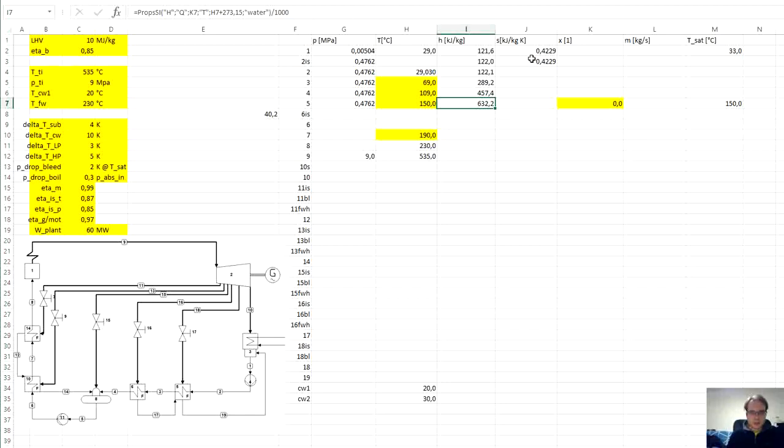So here we also need to specify the entropy because it's the inlet of the pump. It's basically the same function as here, or similar, because we will need the quality to be 0, so let's use just this function and change the output from enthalpy to entropy.